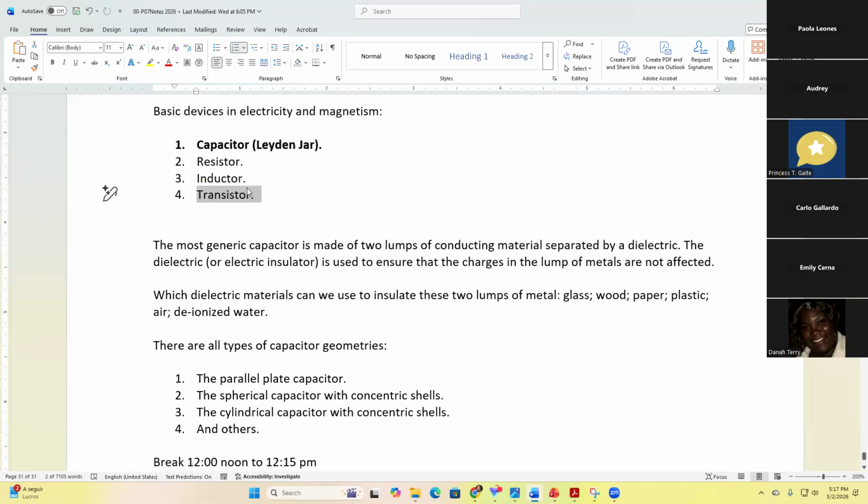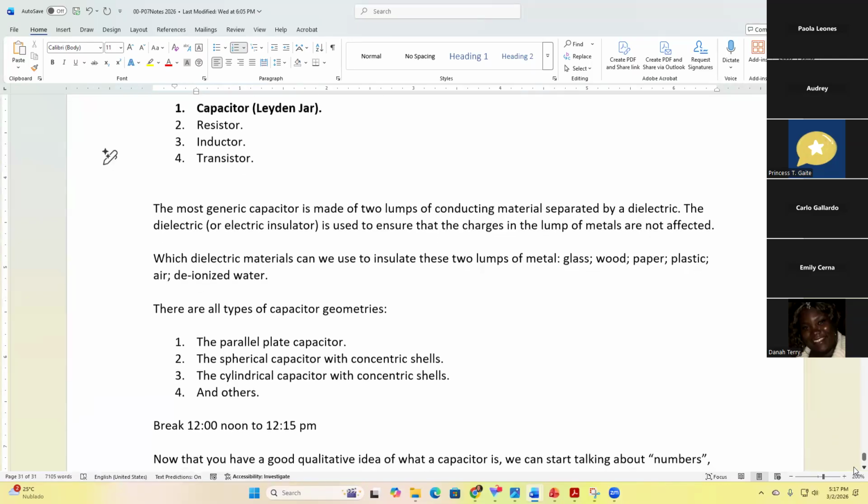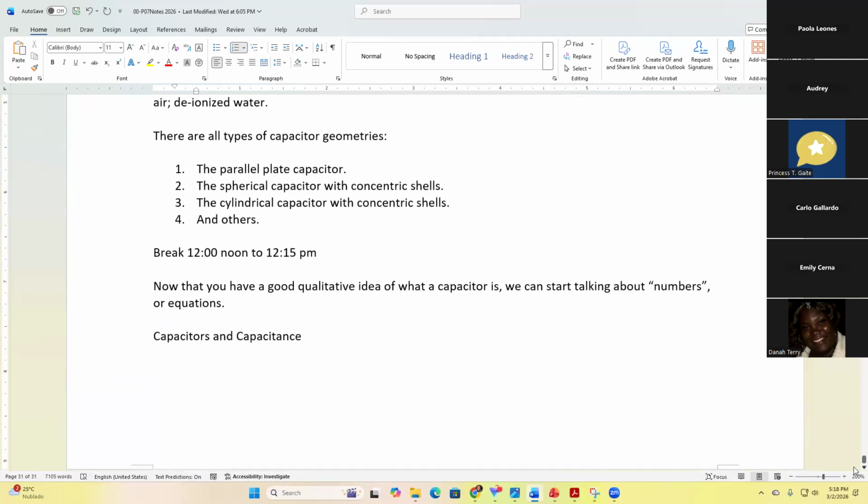The people who invented the transistor, by the way, won the Nobel Prize in physics. They were researchers from the famous Bell Labs, which was dismantled. I was alive when Bell Labs still existed.